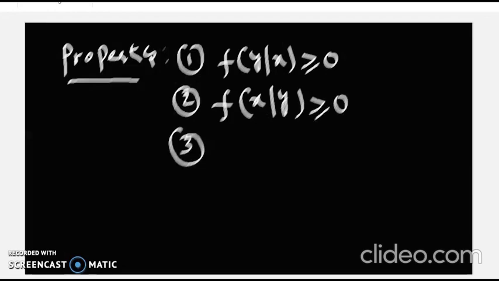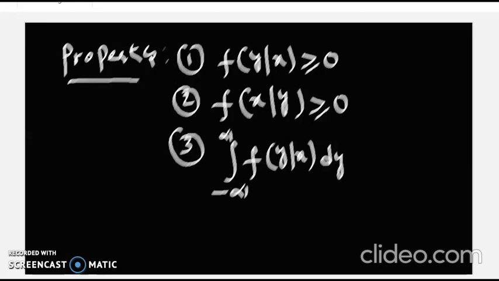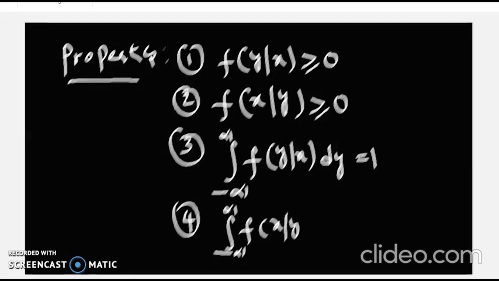Third one is integral minus infinity to infinity f of y by x with respect to y, that is dy, is always equal to 1. Similarly, integral minus infinity to infinity f of x by y with respect to x, that is dx, is always equal to 1.